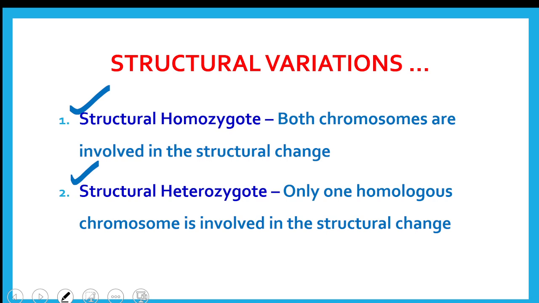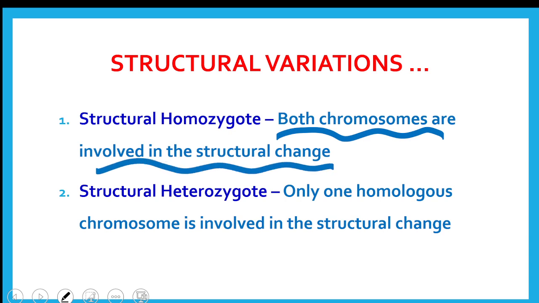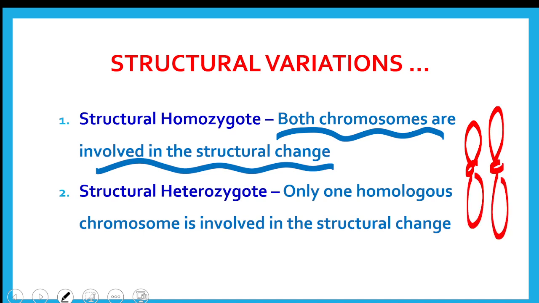Coming to the structural homozygote, here both chromosomes are involved in the structural change. For example, this is a pair of chromosomes, the first chromosomal pair. What happened is, here there occurred one break.